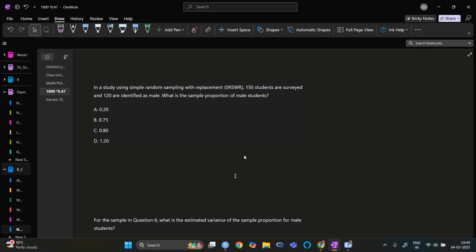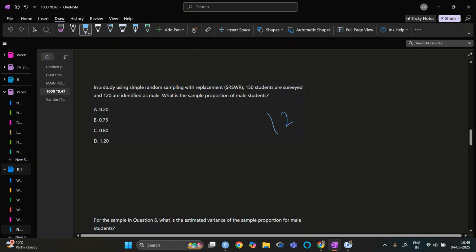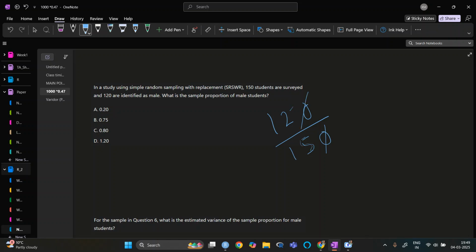We take the sample proportion in the same way, which is p = n1/n. So it will be 120 by 150. If you divide, it will be 0.8.